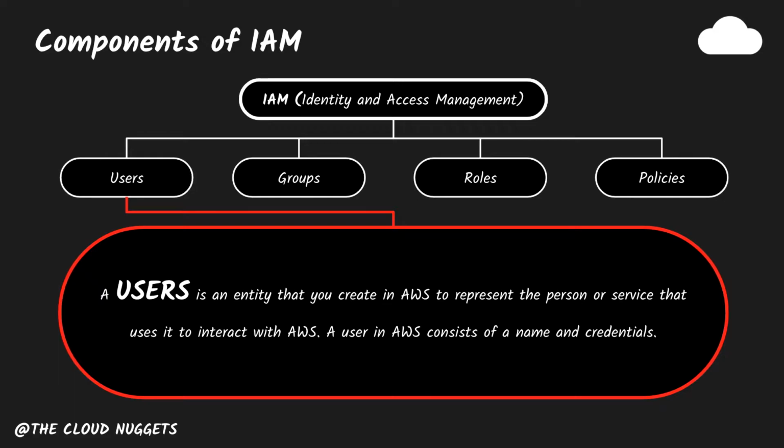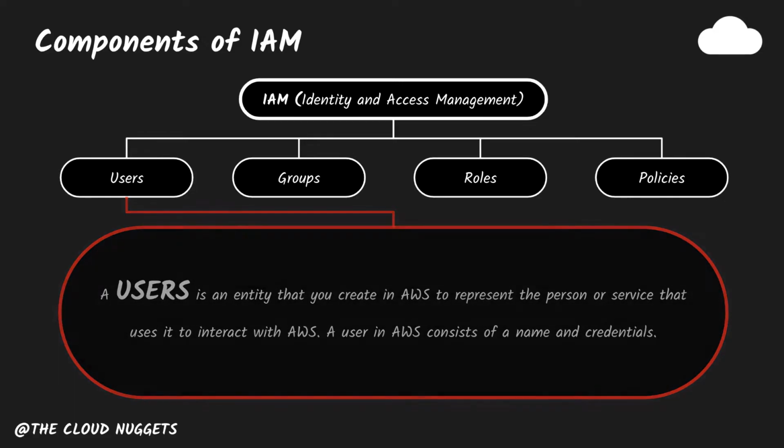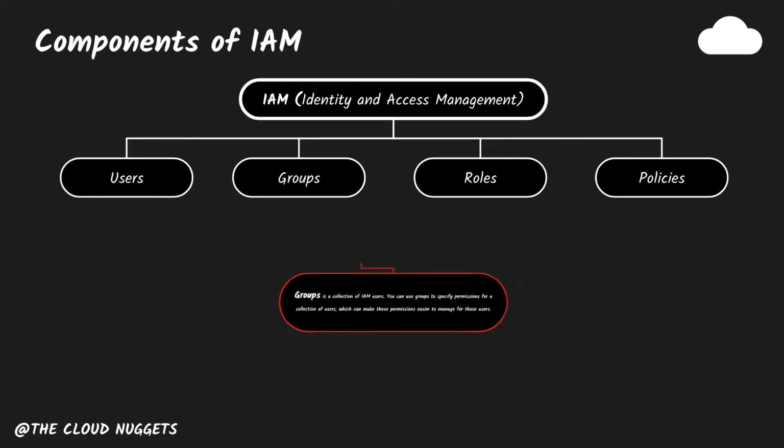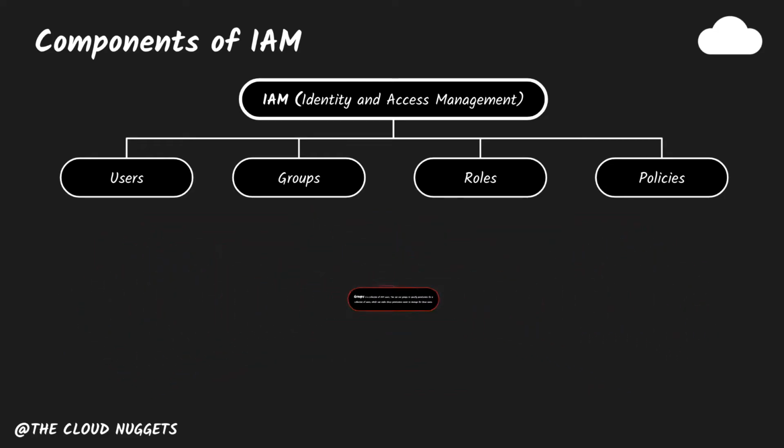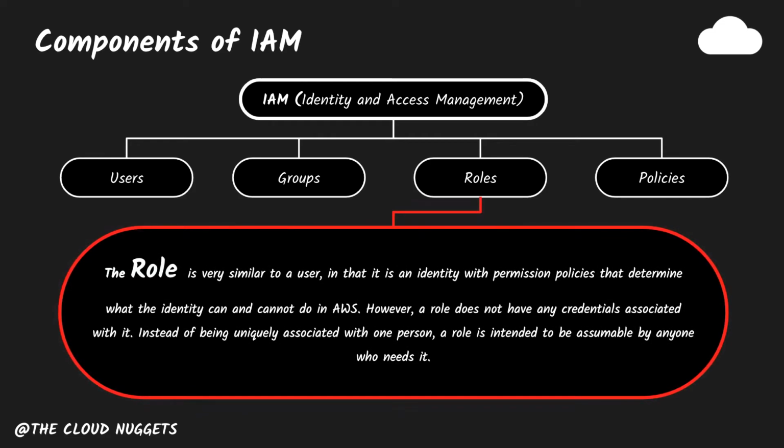A user consists of name and credentials. Groups are a collection of IAM users. You can use groups to specify permissions for a collection of users, which can make those permissions easier to manage for those users.